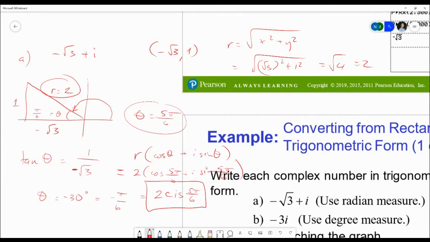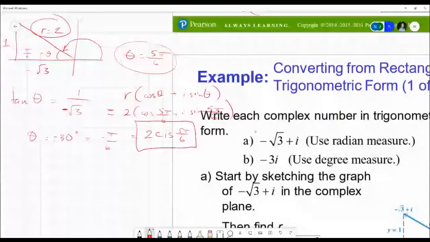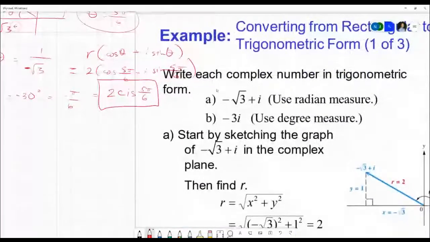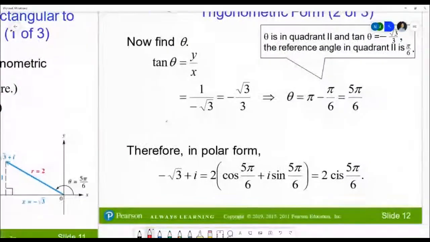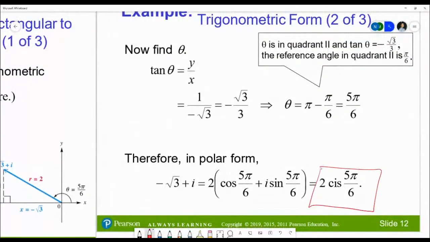So my r here is 2. And the answer to that is 2 cis 5 pi over 6.